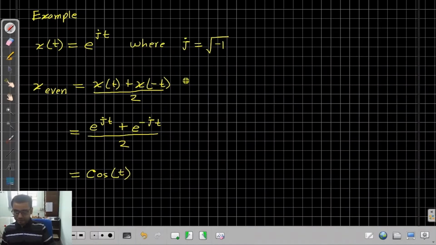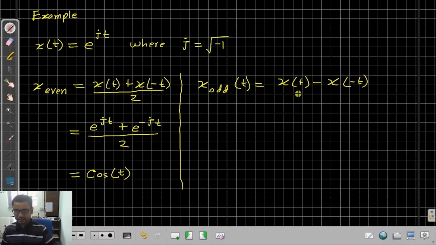Similarly, you can calculate x odd t, that will be x(t) minus x(minus t) whole divided by 2.